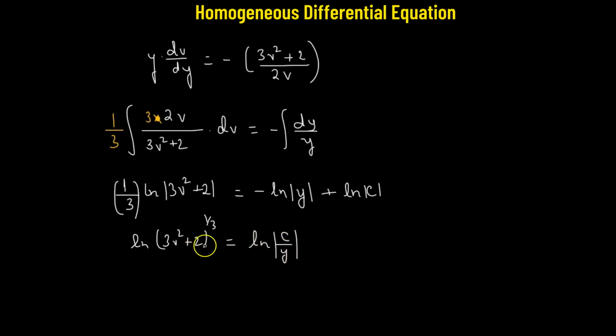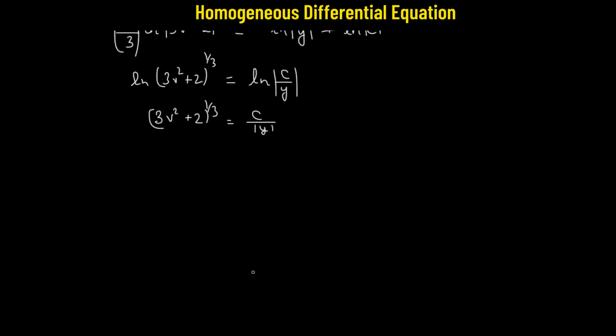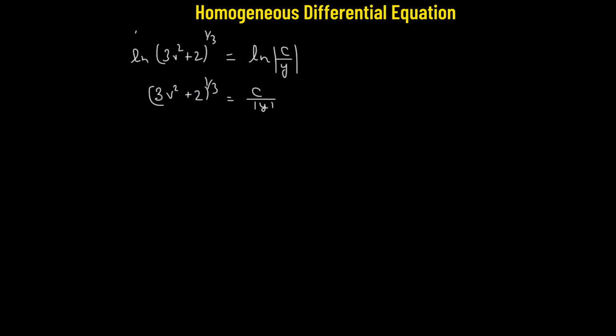We can get rid of the logarithm from both sides. It will leave us with (3v squared plus 2) whole raised to the power of 1/3 equals c over y. Then we'll take the cube on both sides to get rid of the cube root on the left hand side.